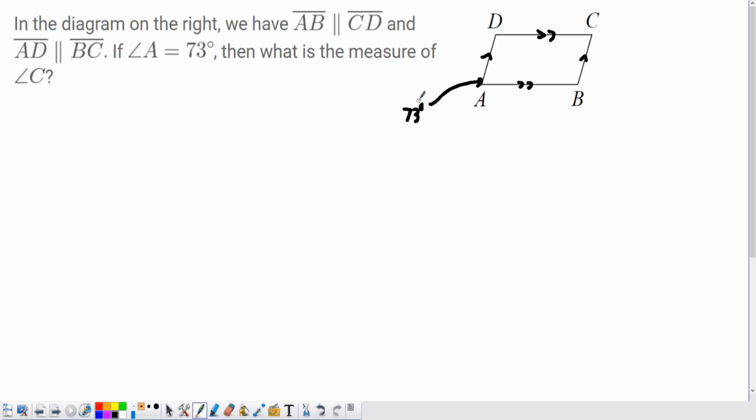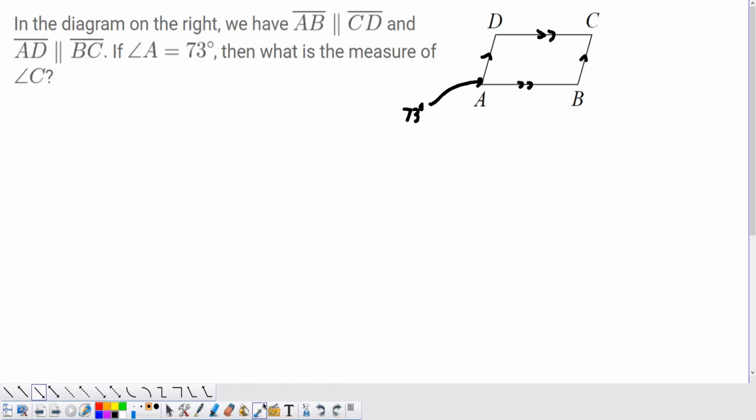Okay, well, we have a bunch of parallel lines, but it's kind of hard to determine a transversal, unless you consider the parallel lines themselves, or one of them at least, to be its own transversal.